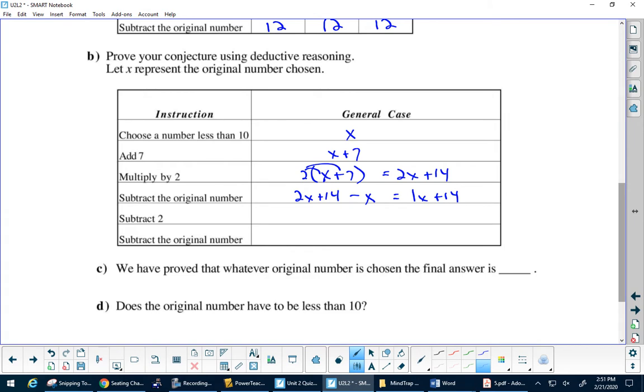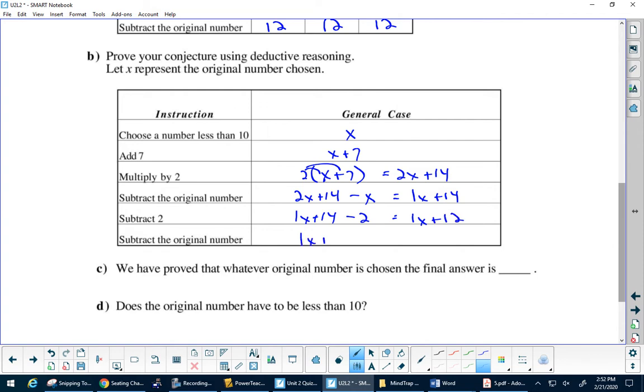Now we'll start with our new number, which is 1x plus 14, and we're going to subtract 2, right? What do you get? 1x plus 12. Okay, so write that down.